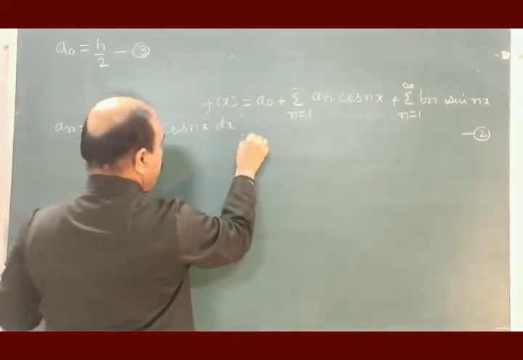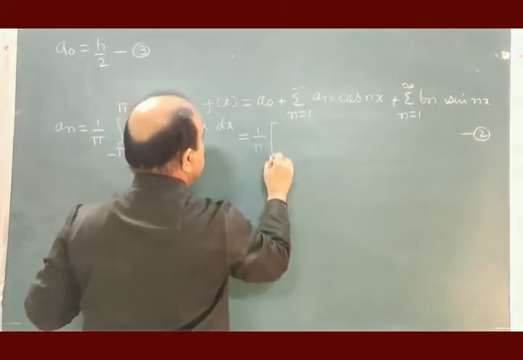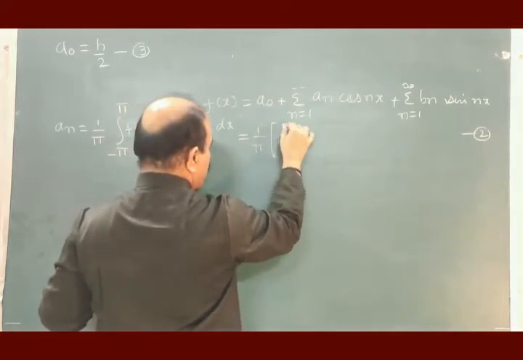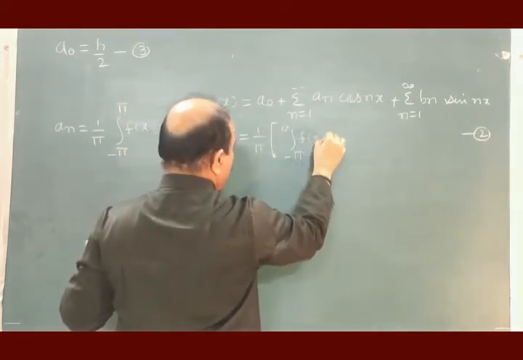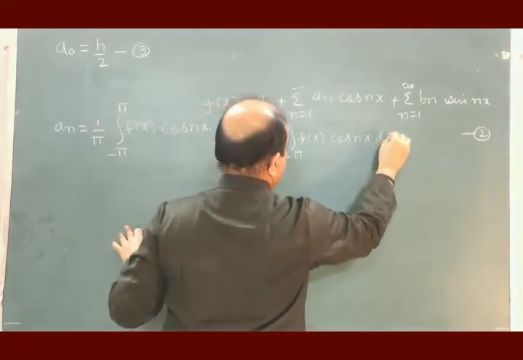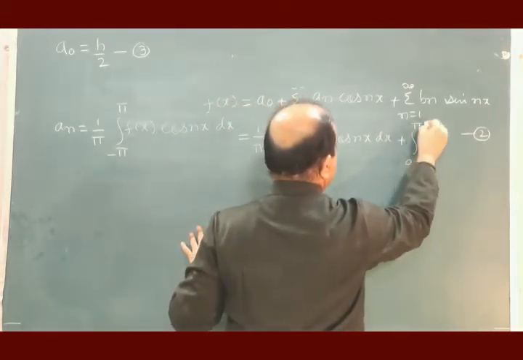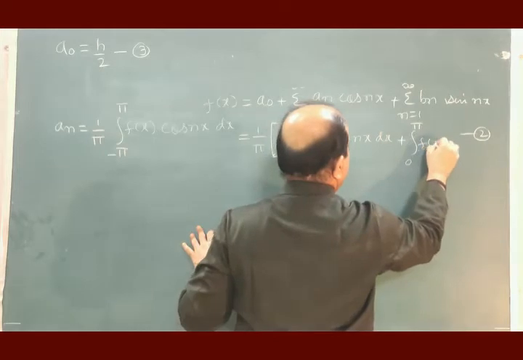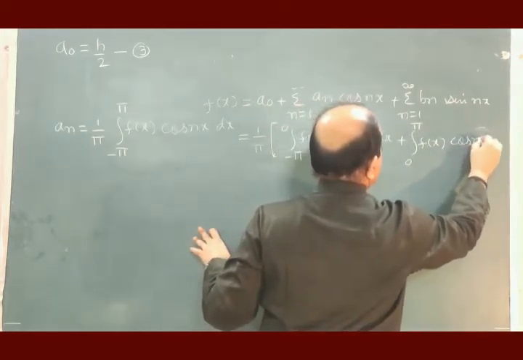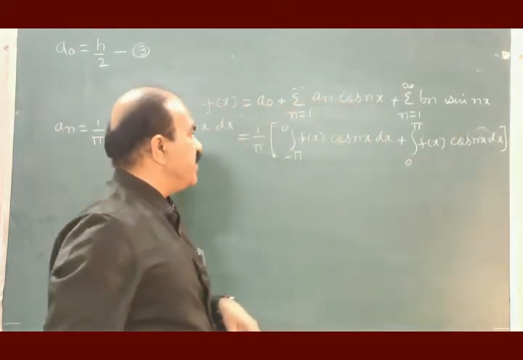So this will be 1 divided by pi into, in the square bracket, integration of minus pi to 0 f of x cos nx dx plus integration of 0 to pi f of x cos nx dx, square bracket complete.